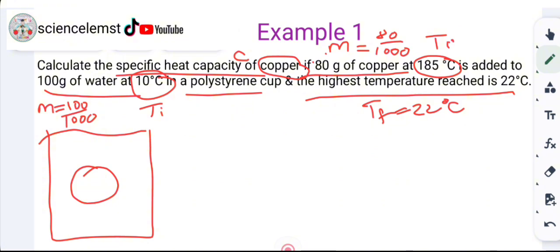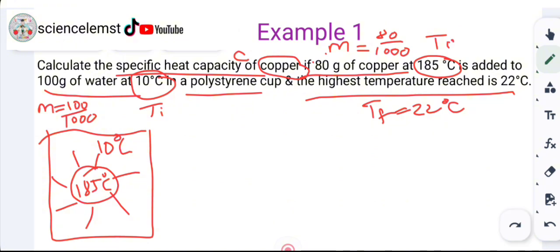I know that this copper ball is at a higher temperature than the water because the initial temperature of the water is 10 degrees Celsius. But the initial temperature of the copper ball is 185 degrees Celsius. So it simply means heat is going to come out of the ball to what? To the water.